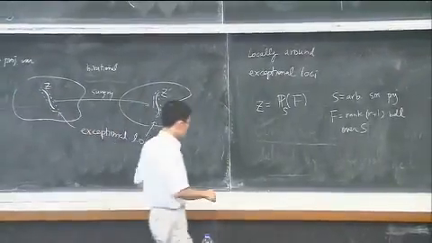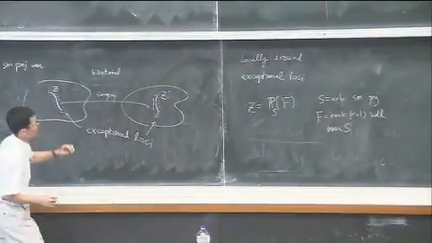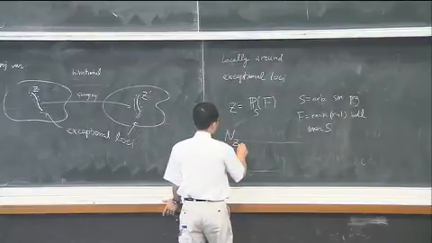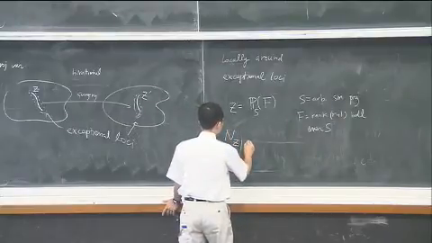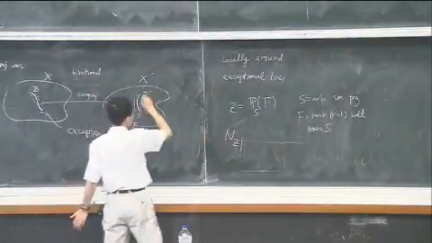But as you know, the surgery does concern the neighborhood of this Z. So I will have to tell you what the normal bundle of Z inside X and X prime is.